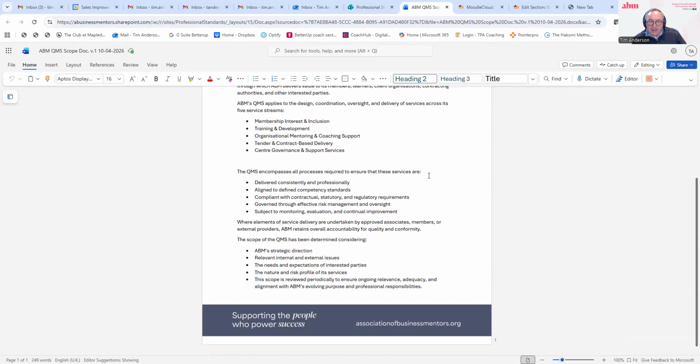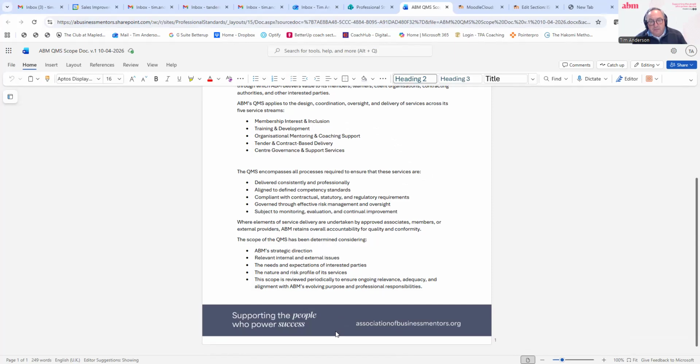So we come back to this: how do we manage this? Risk assessment, risk management, and we are subject to monitoring, evaluation, and continual improvement. So this is, if you like, the essence, the scope that suggests that we're looking at this from these five areas of delivery.